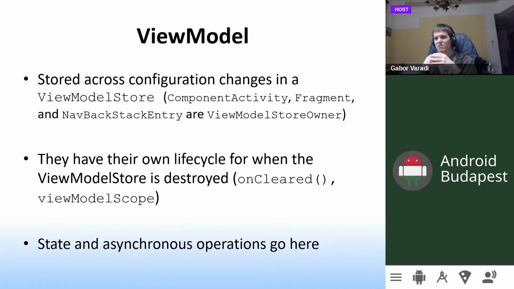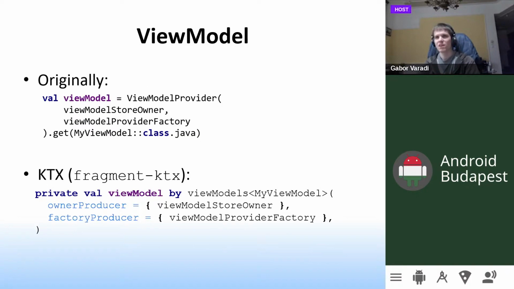They have their own lifecycle, so when you finish the screen, you back away, then onCleared is called, and this is used to manage the ViewModel scope, which automatically manages coroutine lifecycles. This is where all state and asynchronous operations should go in the case of Jetpack.